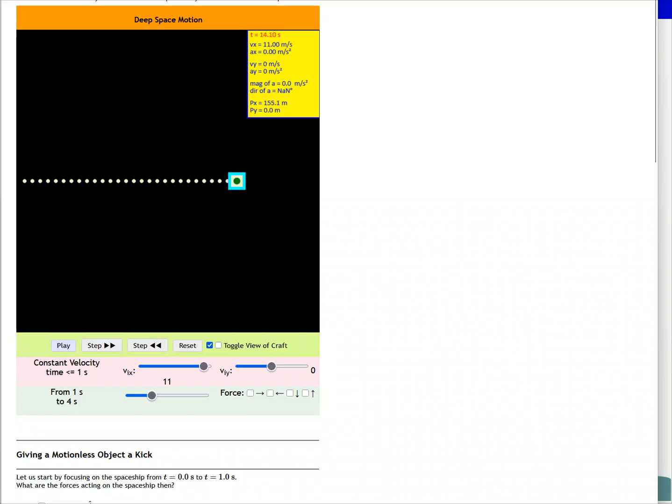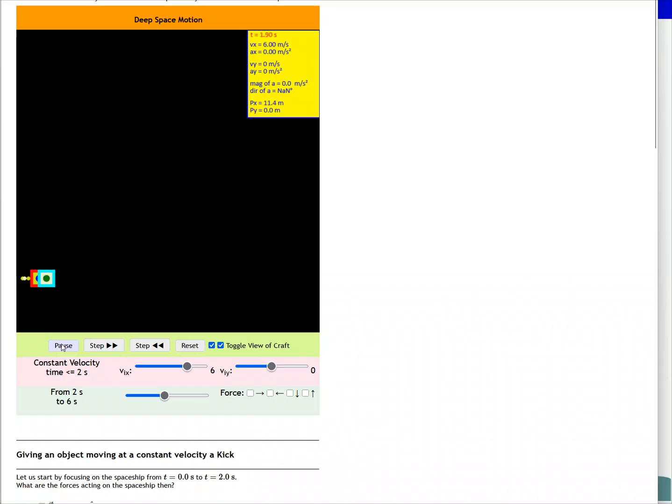Okay, so that's the third simulation. Okay, the fourth simulation, our crafts are going to start here, and we play. Look what happens to the cyan one.